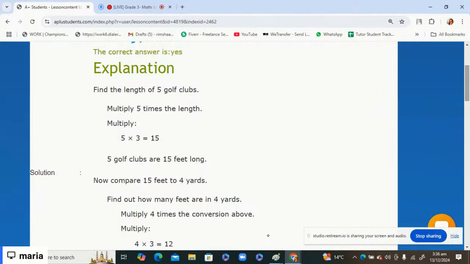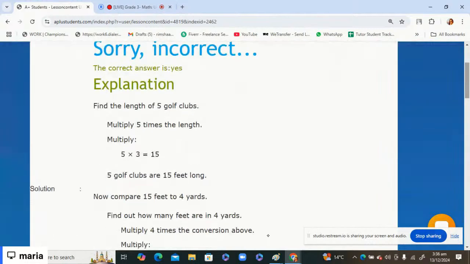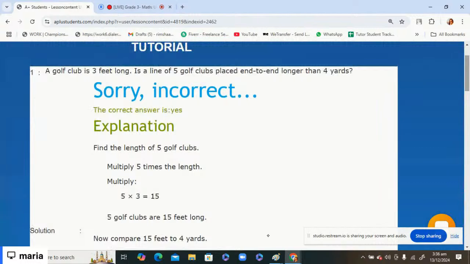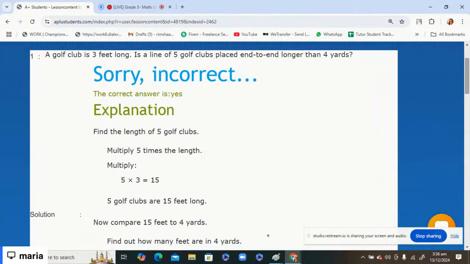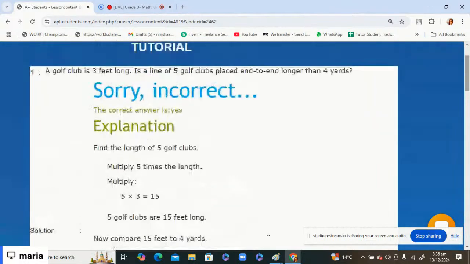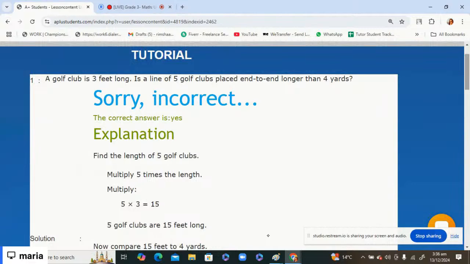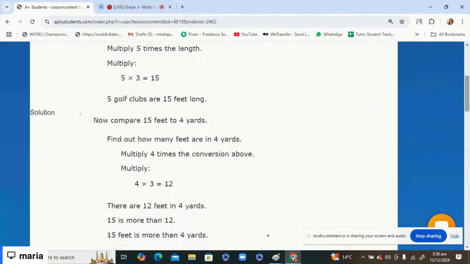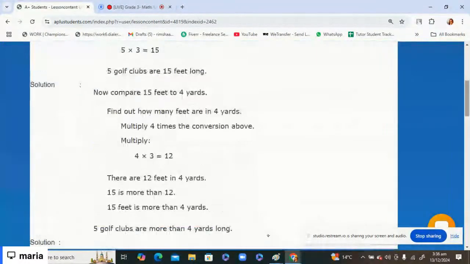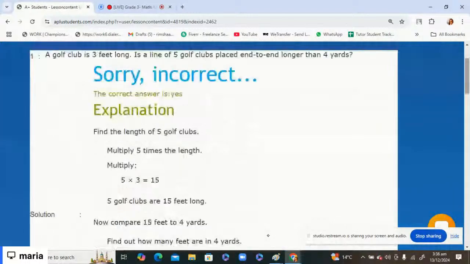First of all, we check it out. Multiplying 5 times the length. Why? Because there are 5 golf clubs placed. So 5 times 3 is 15. Then here is the 4 yards, which is also multiplied with the feet. 4 times 3 is 12. Let's check: 15 is greater or 12 is greater? When you see, 15 is greater as compared to that.